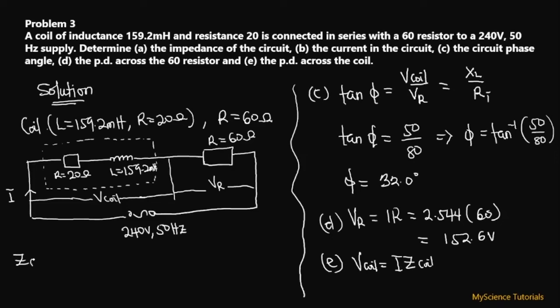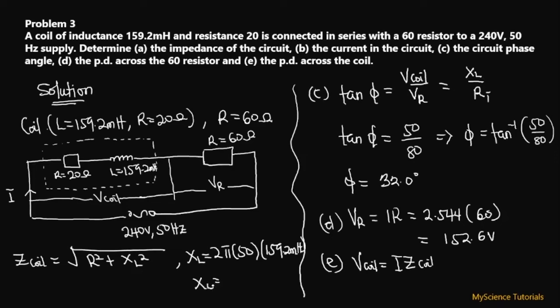The Z coil, which is the impedance of the coil, is equal to the root of the resistance of the coil squared plus the inductive reactance of the coil squared. The inductive reactance of the coil is equal to 2 pi multiplied by the frequency 50, multiplied by the inductance 159.2 millihenry. So XL, if we multiply everything, gives 50 ohms.